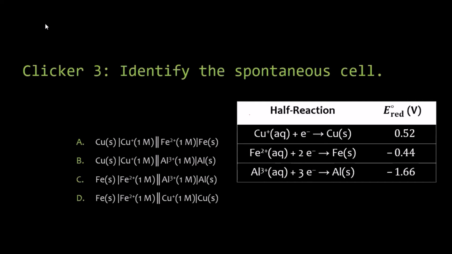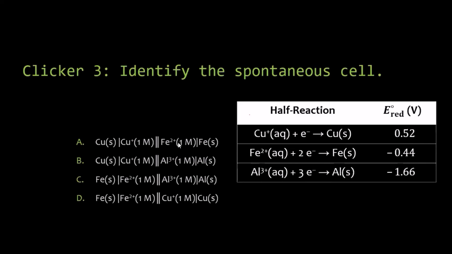Okay, so if the guy on the right is the reduction and the guy on the left is your oxidation, you're going to take whatever number you get from this side minus whatever number you get on this side. So the best way to get the largest number is to subtract a negative. We do not want to add a negative, we want to subtract a negative. So with that in mind, copper, which would be 0.52, minus negative 0.44 would give us 0.96.